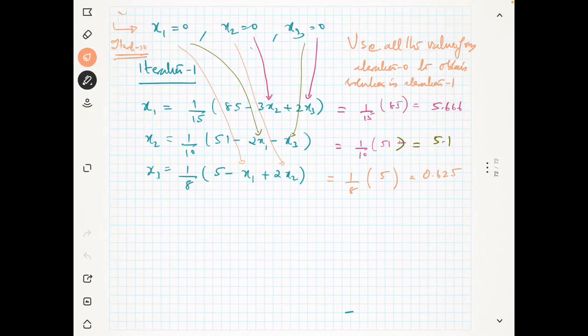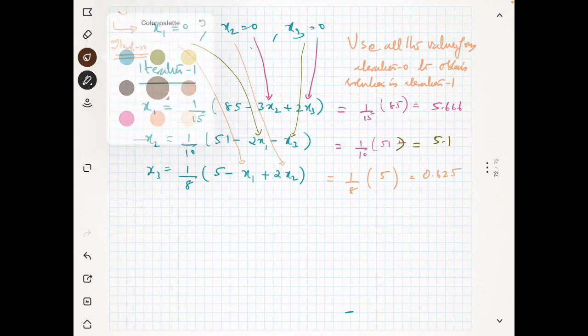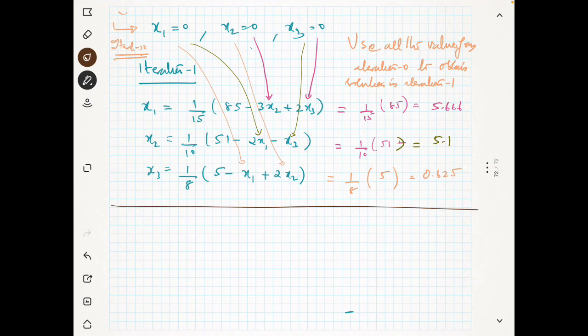Now what is your x? I am going to draw a line here. Now I got my x1, x2 and x3. You see here, this is my x1, this is my x2 and this is my x3. Now I am going to calculate for iteration 2.